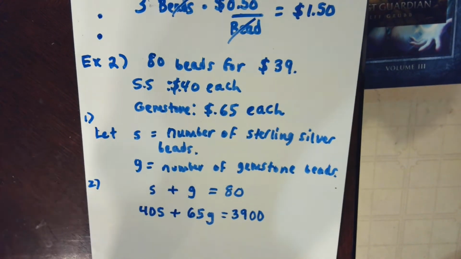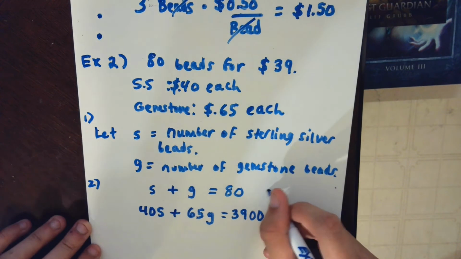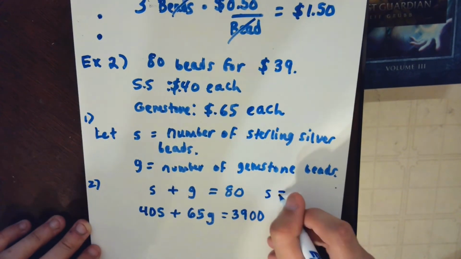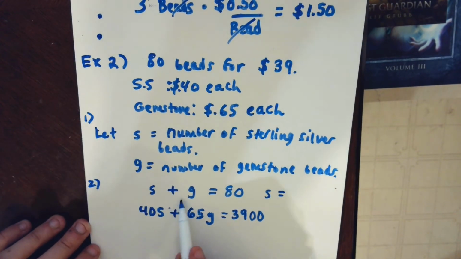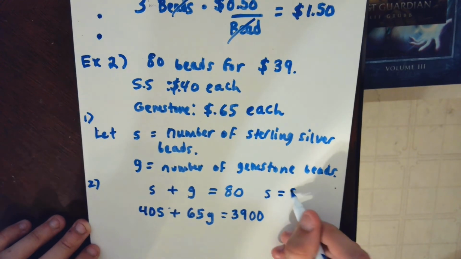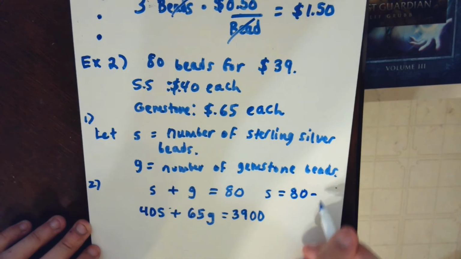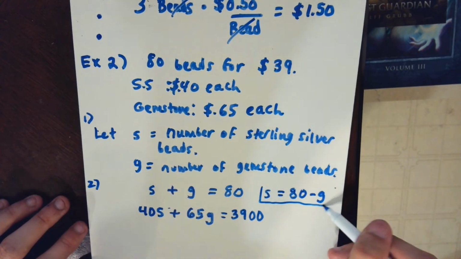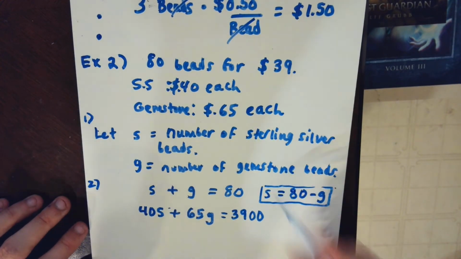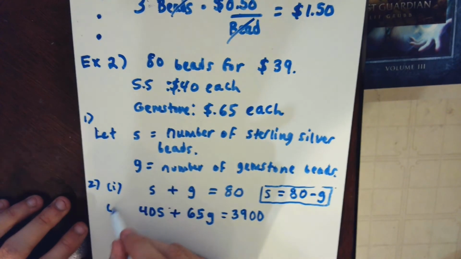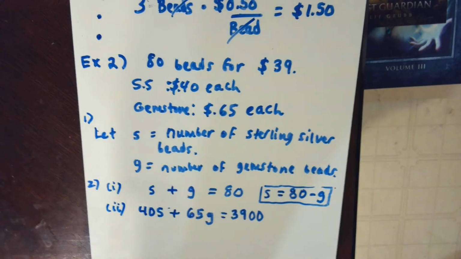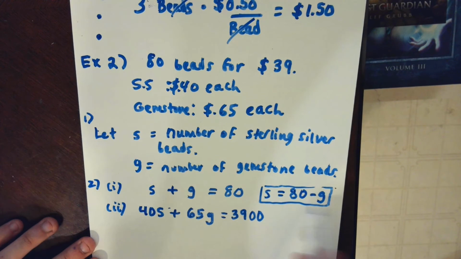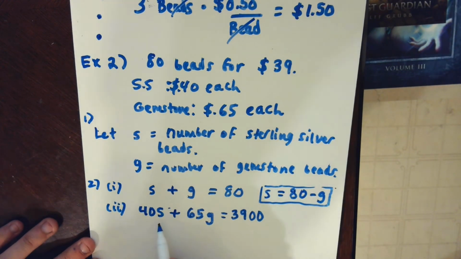Now I want to solve for one of the variables. Well, the first equation makes that nice and simple. We can subtract G from both sides of the equation here. And then we get S equals 80 minus G. So I solve for S here. And now I can use that in equation 2. This is equation 1. This is equation 2. I'm going to bring in 80 minus G where I see S down here.